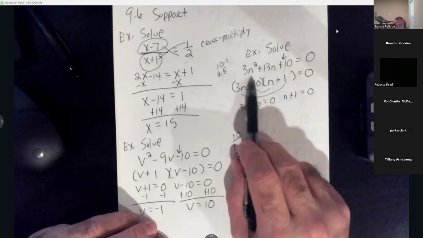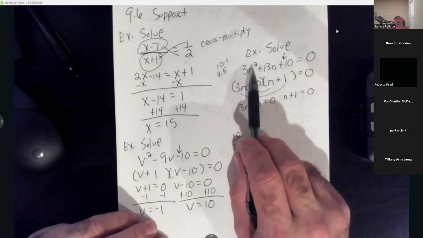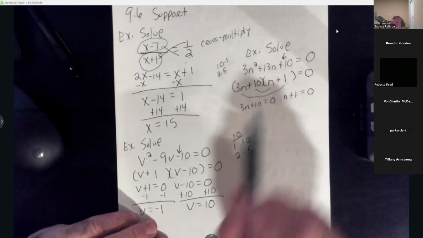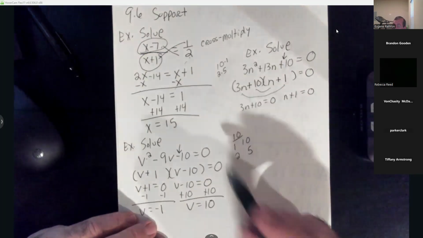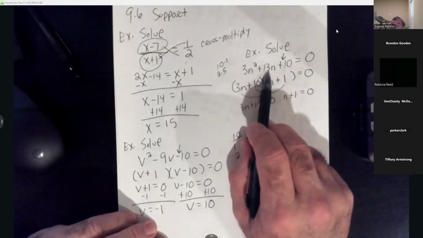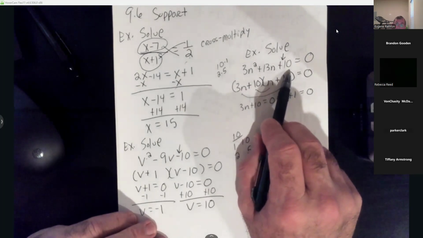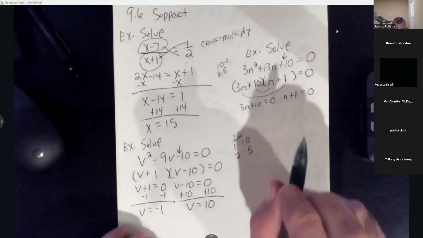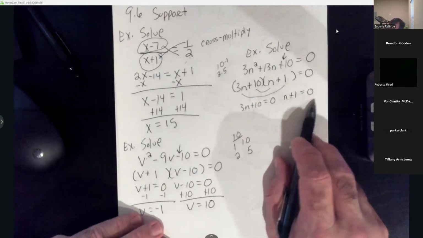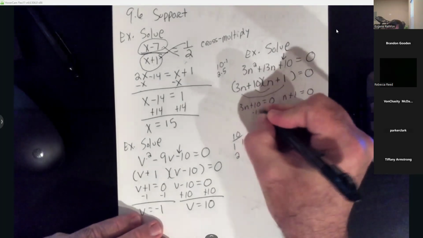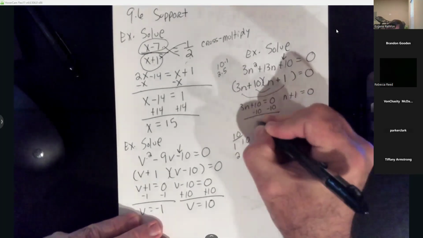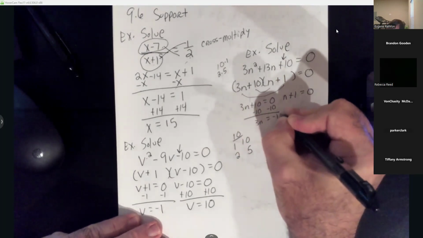Now, if you don't like factoring when they got a number in the front, go to that week 5 and use that quadratic formula calculator. A is 3, B is 13, and C would be 10, okay? Y'all, let's solve this. So let's subtract 10. I get 3n equals a negative 10.